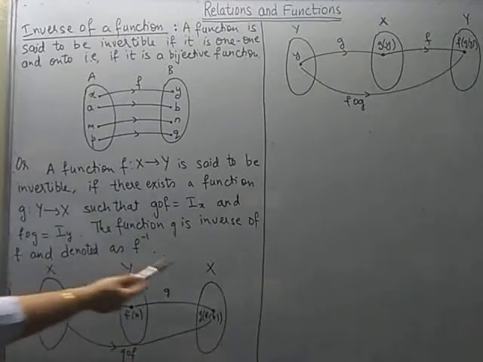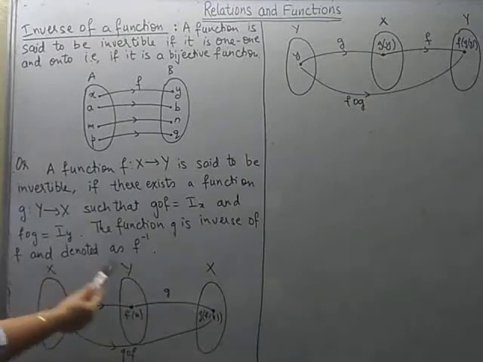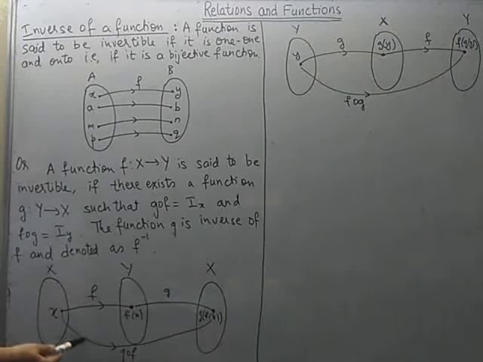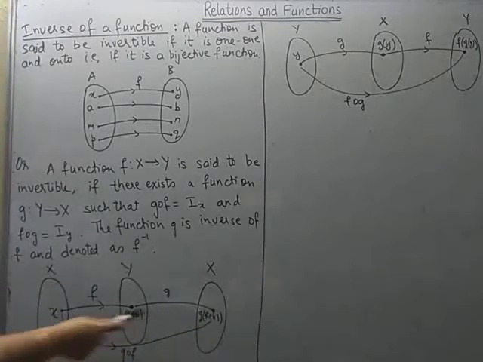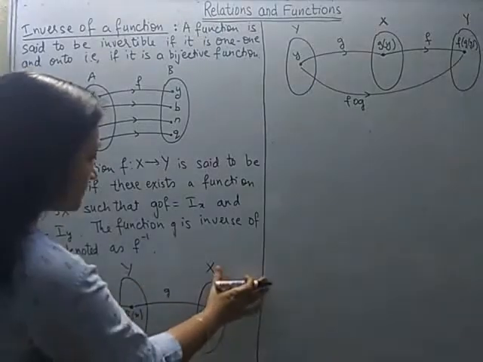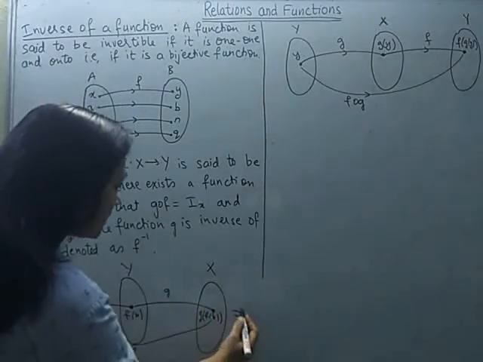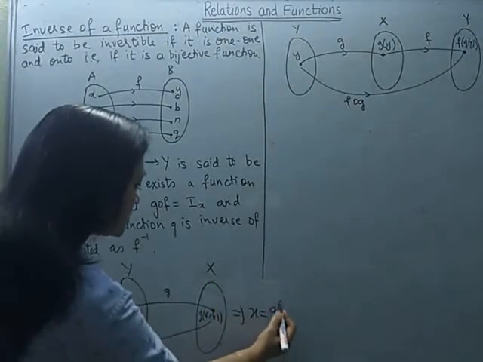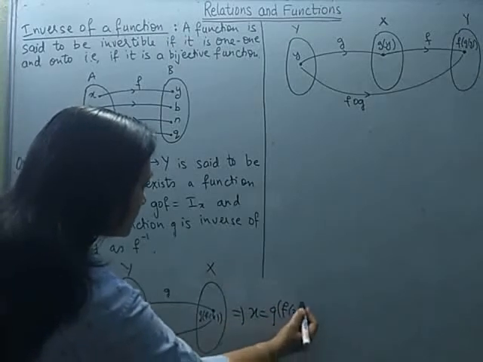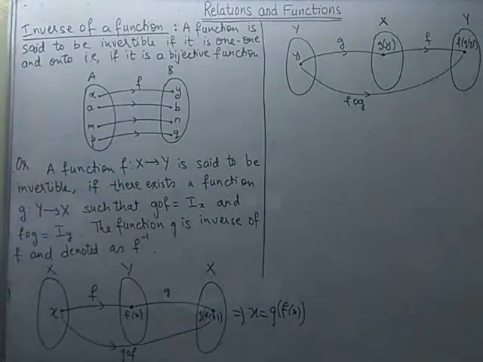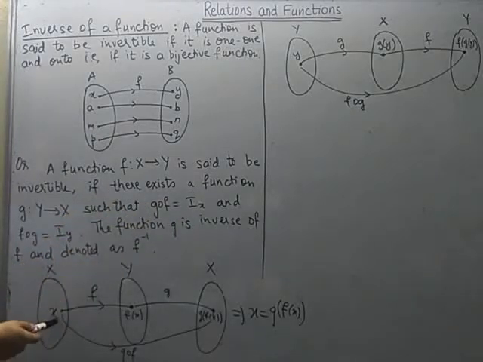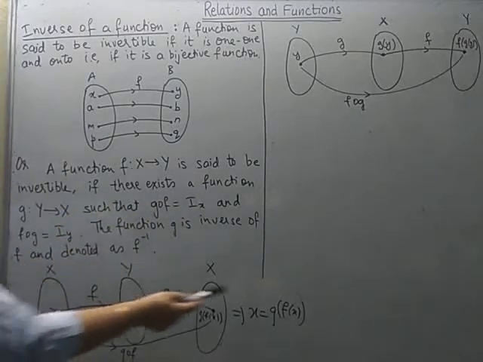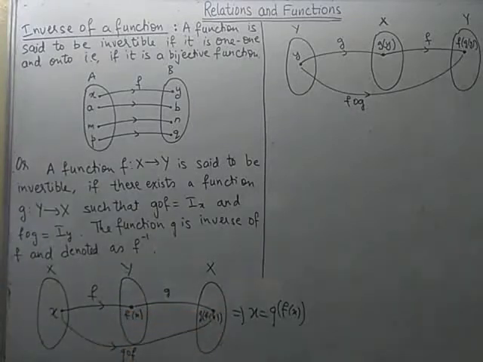This is set X, this is also set X. f is from X to Y, g is from Y to X. So what has happened? x is related to g(f(x)). This implies x is equal to g(f(x)).